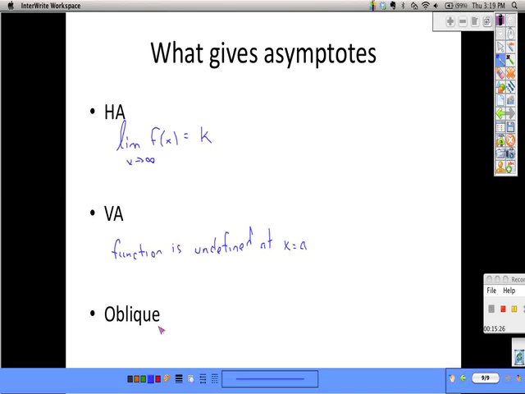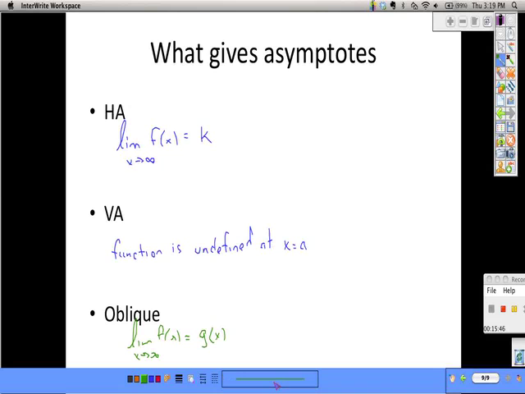And an oblique asymptote, or slant asymptote, occurs when the limit of f of x as x goes to infinity is equal to some other function of x.